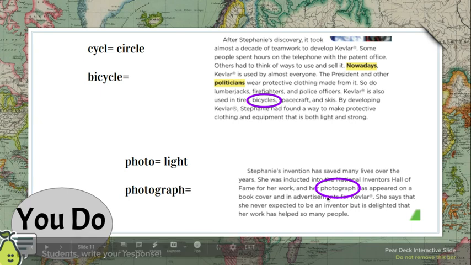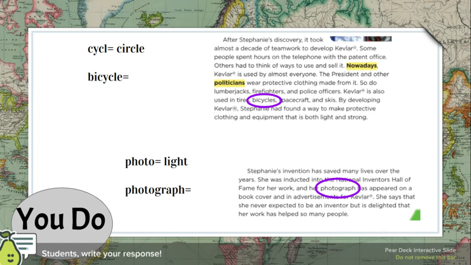And then the word photograph from another paragraph says, she was inducted into the National Inventors Hall of Fame for her work, and her photograph has appeared on a book cover and in advertisements for Kevlar. The word photograph has the Greek root photo, meaning light. If photo means light, what do you think photograph means?